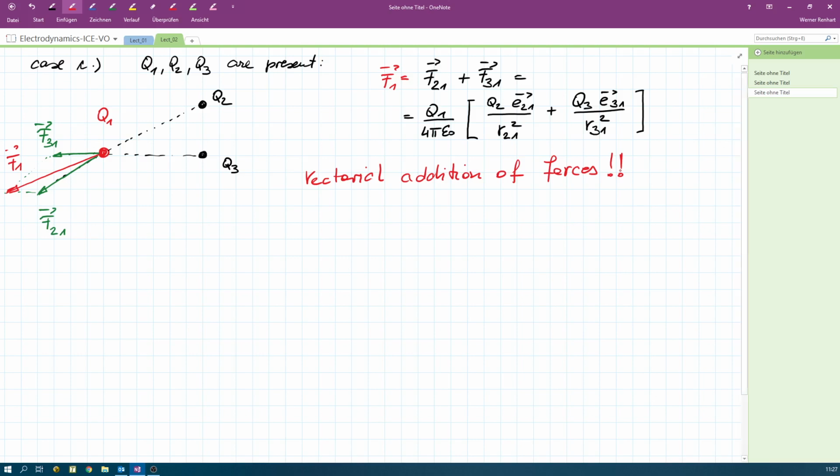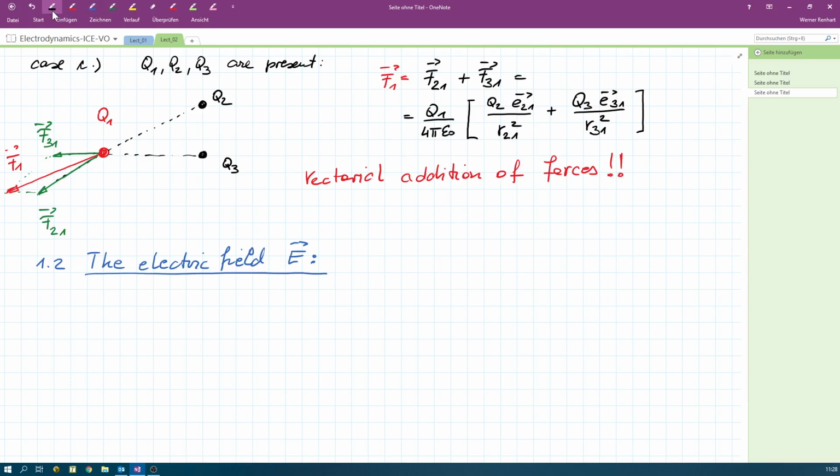So we are coming to the electric field, subsection 1.2, the electric field. That's the letter E, as we already know from the basic lectures.